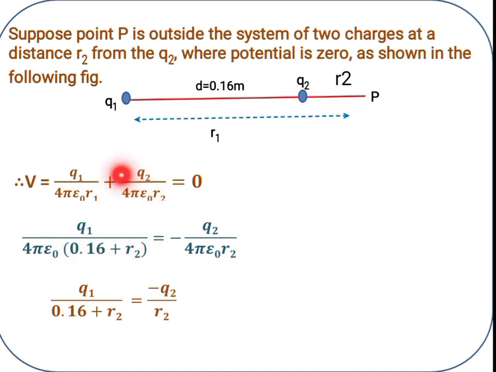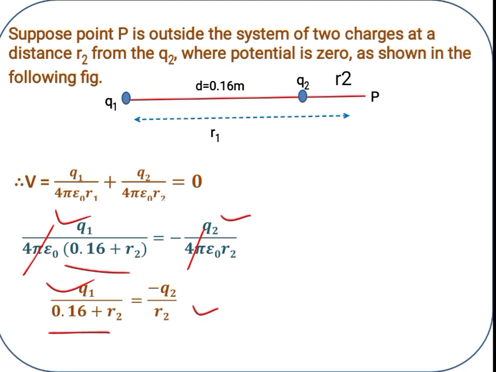As in the previous case, we take this Q2 factor towards the RHS side since it is 0. Now 4 pi epsilon naught cancels. What is remaining? Q1 divided by (0.16 plus R2) equals minus Q2 divided by R2.